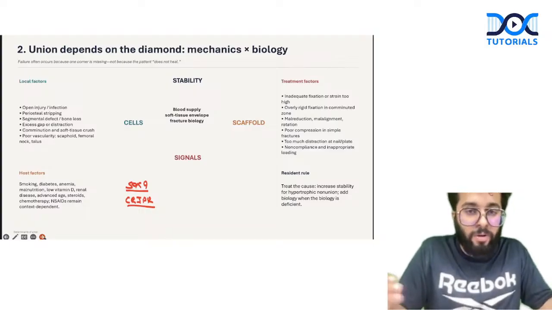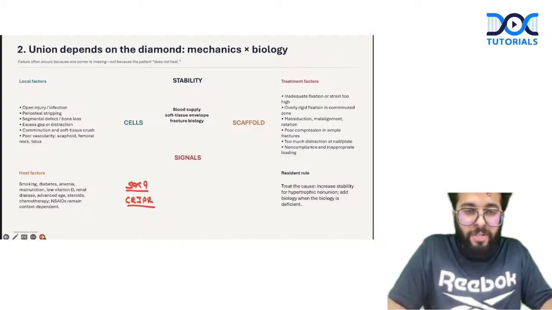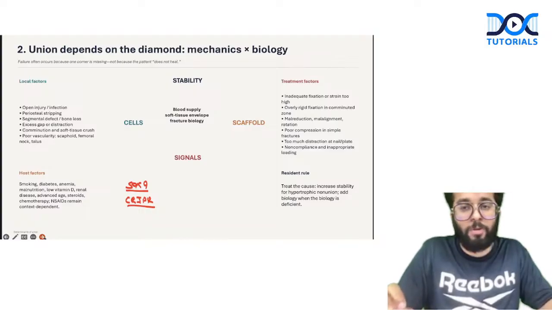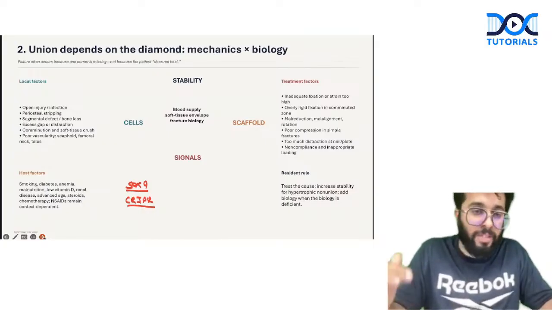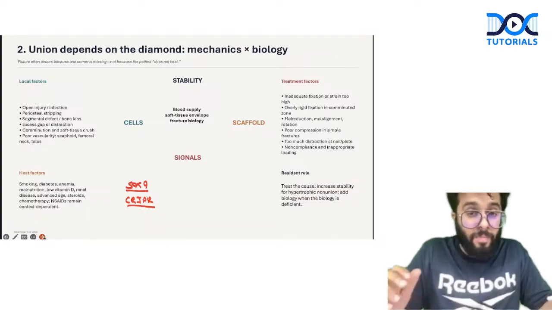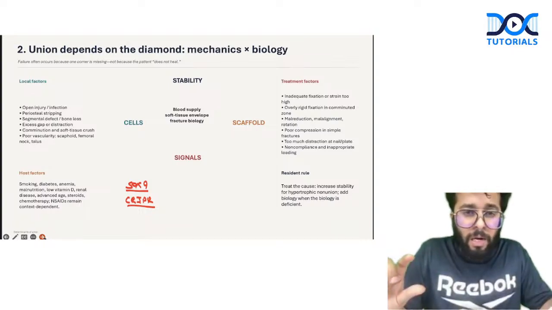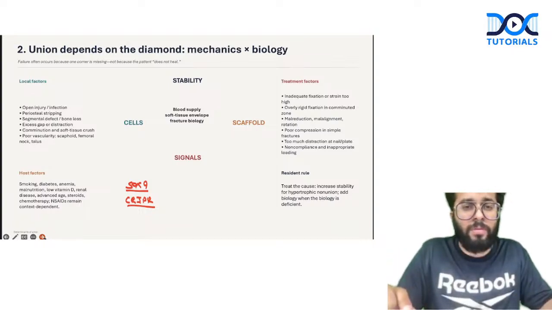Periosteal stripping: while you are fixing, say, a shaft femur fracture, or maybe some other fracture, you are advised to do as little periosteal stripping as possible. Why? Now, here comes the concept of locking compression plates. Most of these plates are designed in a way that periosteal stripping is not required. Earlier, the idea was to strip the periosteum, apply the plate on the bone, and then fix it.